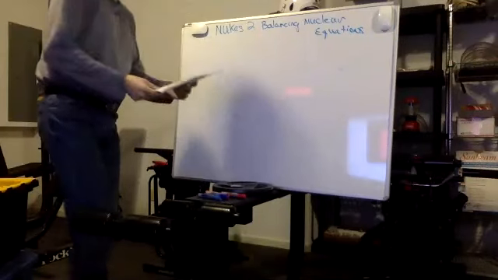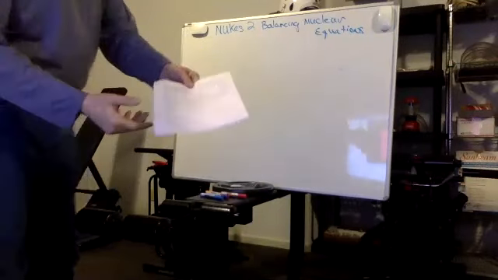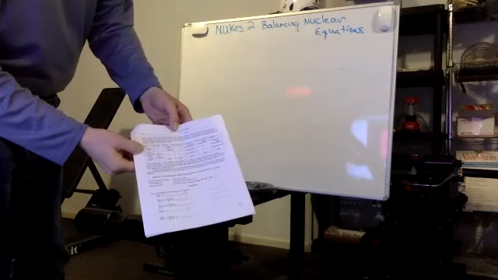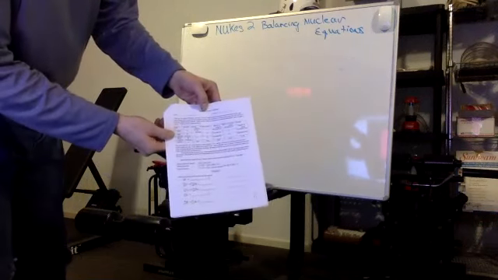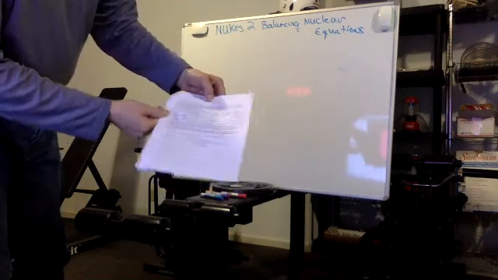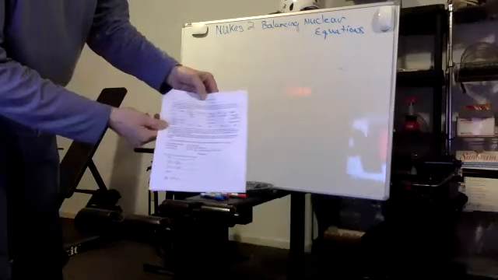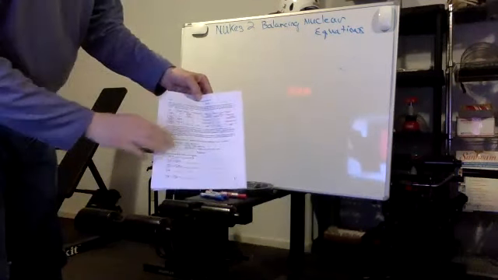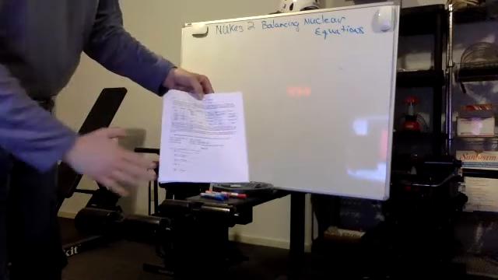If you found the page, it's going to have a chart. It's going to go through the types of particles: alpha, beta, beta capture, and gamma. There's a chart right up here. We're going to jump right in down to the reactions.